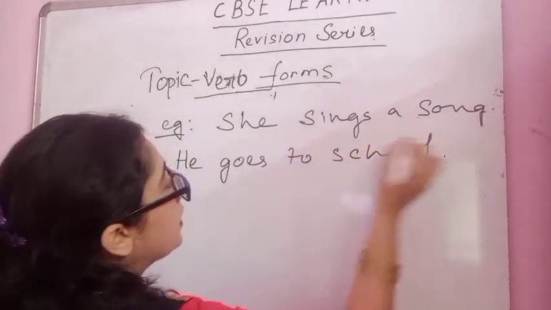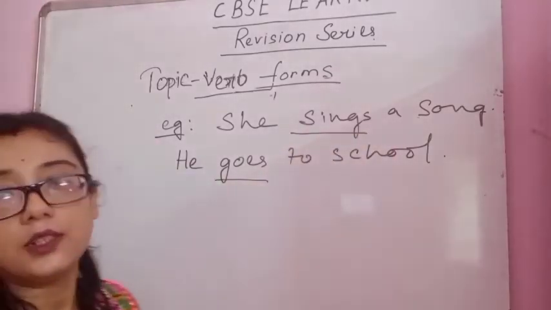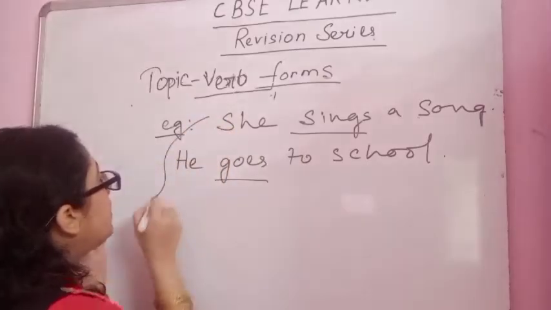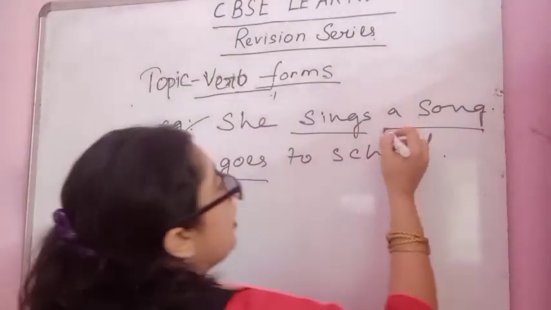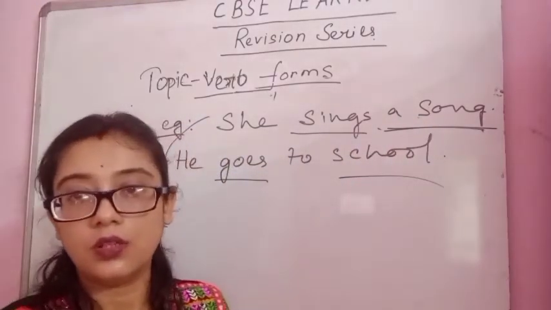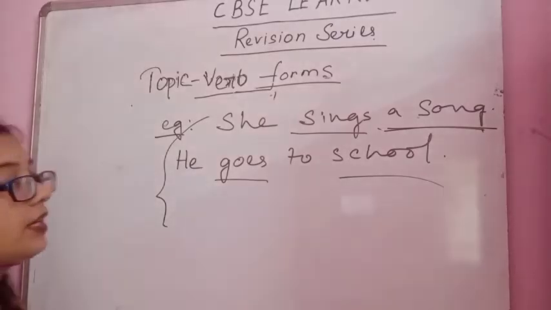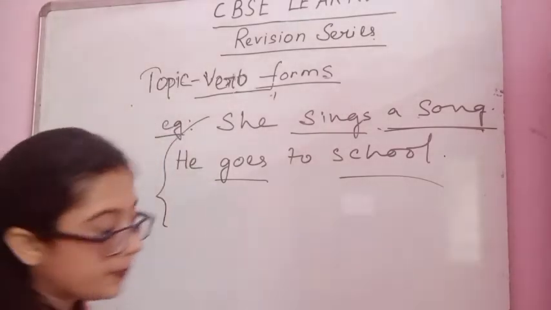In these examples, you can see that sings and goes are acting as verbs. And in both sentences, you can see that there is an object, isn't it? She is singing a song, he is going to school. So these have some object.